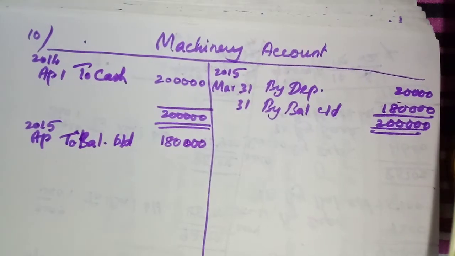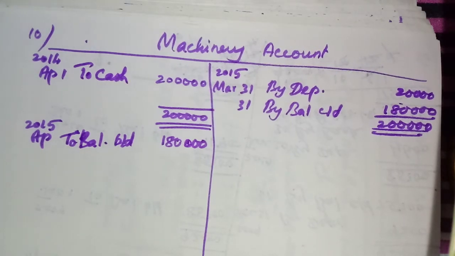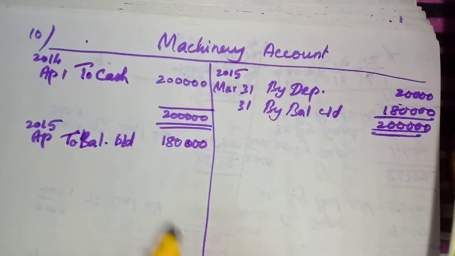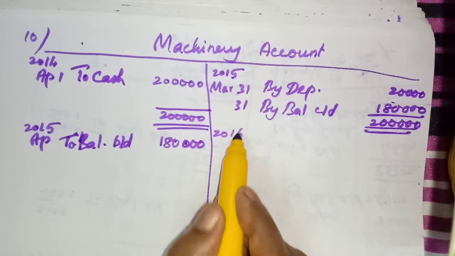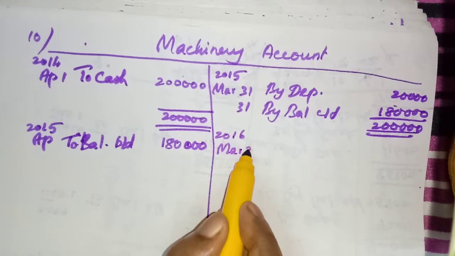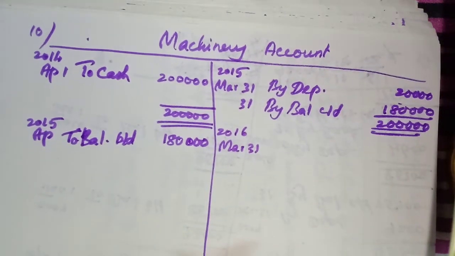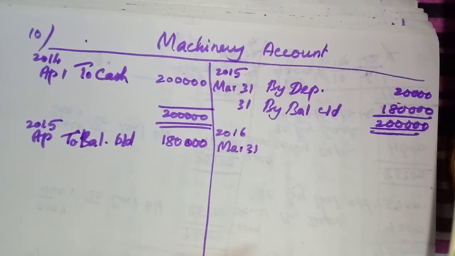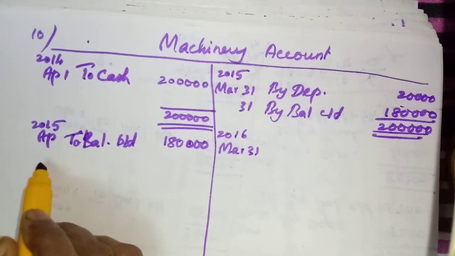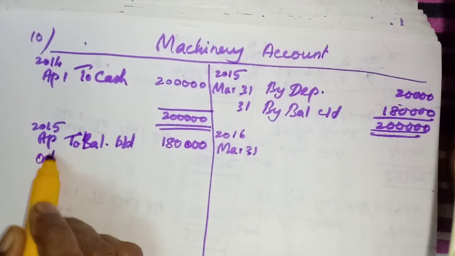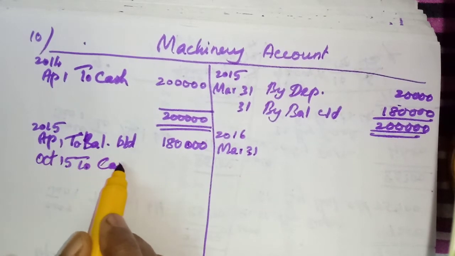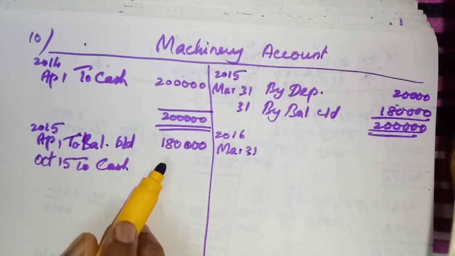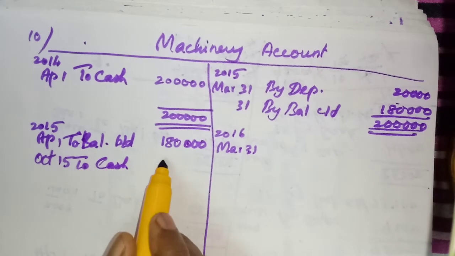Now the year end, 2016 March 31. Before that they are purchasing another machine on 1st October 2015. So October 15, to cash. They purchase another machine for 1,20,000.